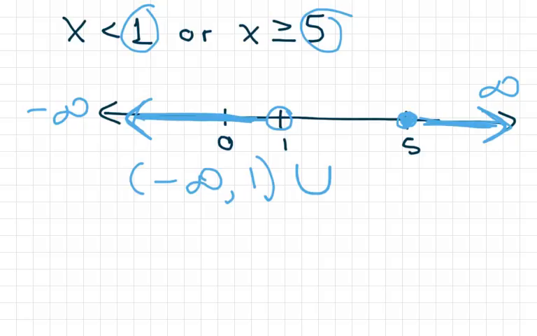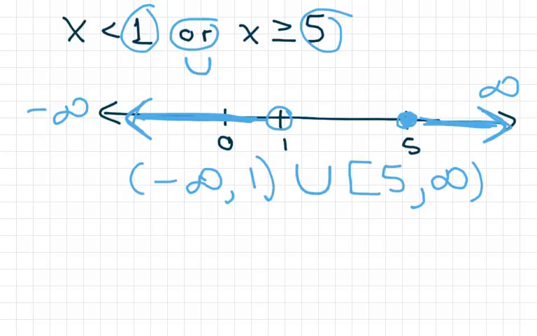You can think of it as unites or union, but we're going to use it like that, and then we're going to do close bracket here for 5, comma, infinity. Okay? This is actually called set theory notation. So the OR, anytime you see OR, especially when you get to probability, that's that sign, union.